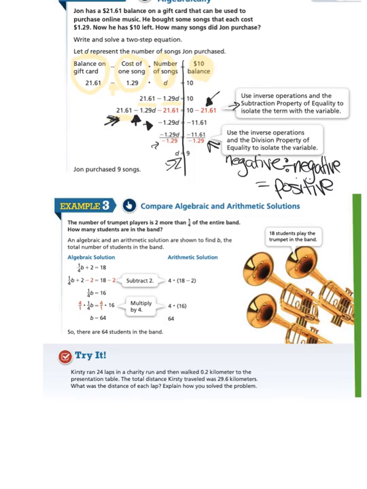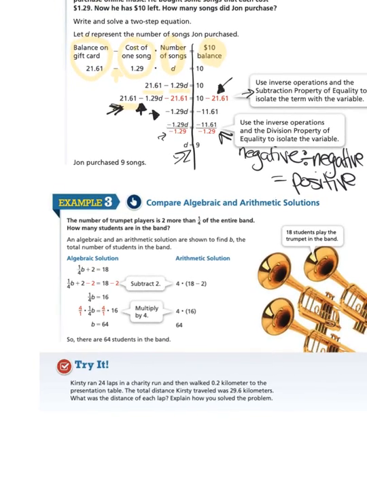All right, let's look at another one. All it is, is reading the word problem and writing it out, what you see. Highlight, underline, whatever you have to do. The number of trumpet players is 2 more than 1/4 of the entire band. How many students are in the band? Okay, so we know we are looking for how many students are in the band.